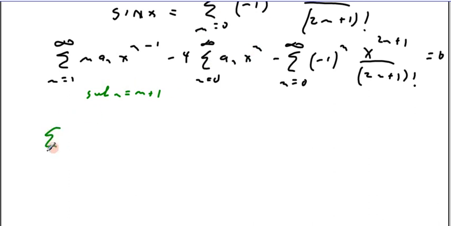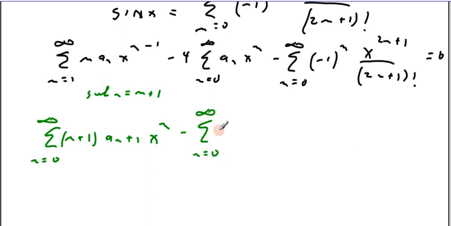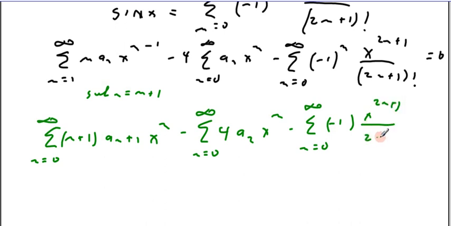And we'll have summation n equals 0 to infinity, (n plus 1) a_(n+1) x to the n, minus summation n equals 0 to infinity 4 a_n x to the n, minus summation n is equal to 0 to infinity minus 1 to the n x to the 2n plus 1 over 2n plus 1 factorial is equal to 0.